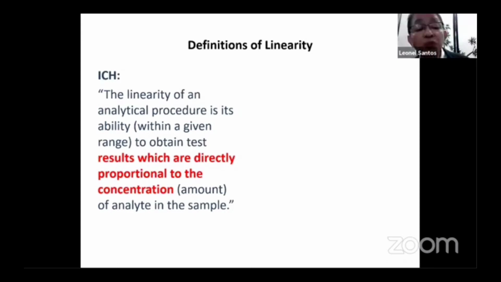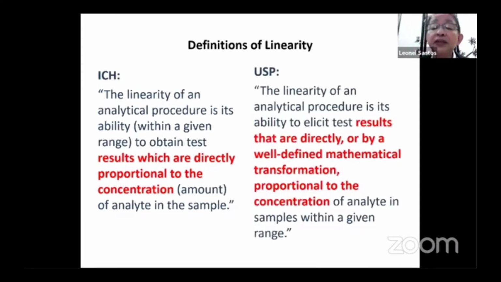So the definition of linearity between ICH and USP is the same. These are the results which are directly proportional to the concentration. However, USP has a little bit of different terminology, because these are results that are directly or by a well-defined mathematical transformation. So at times, you may need to transform some of the signals or the concentration in terms of logarithmic.